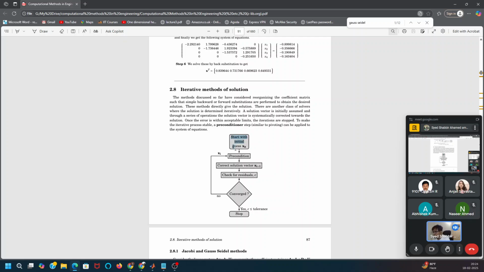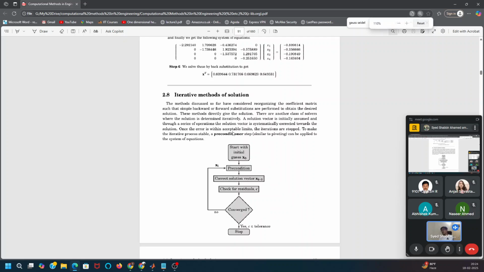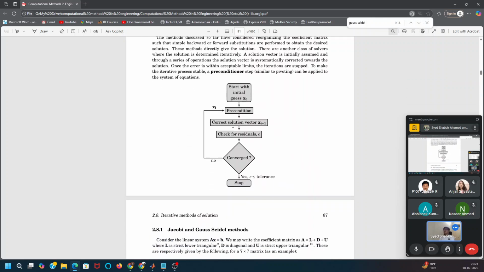You can see that in iterative methods, before doing the calculations, before we are solving it, we have to precondition the matrix in such a way that we will get a stable solution.